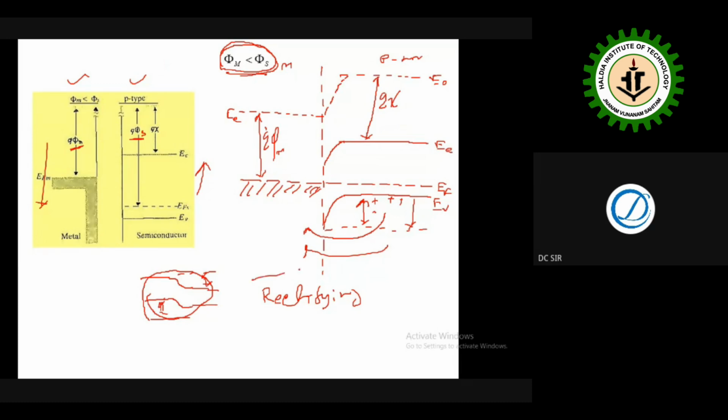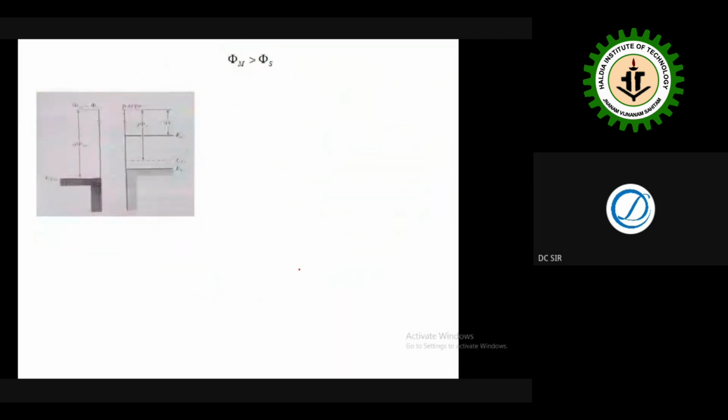Similarly, let us see the other condition, phi m greater than phi s. If metal and p semiconductor, where phi m is larger than phi s, what happens in this case?